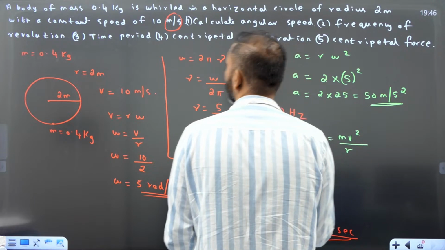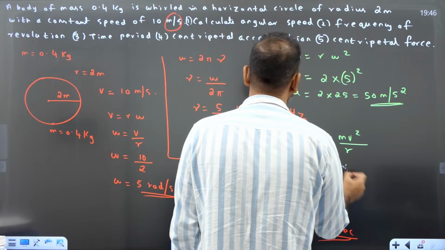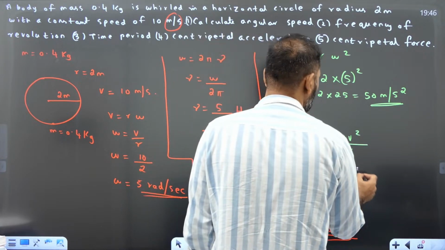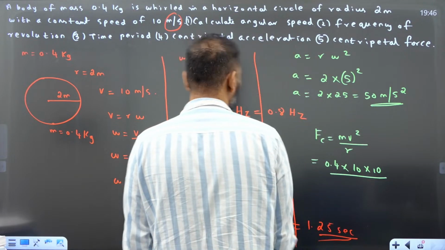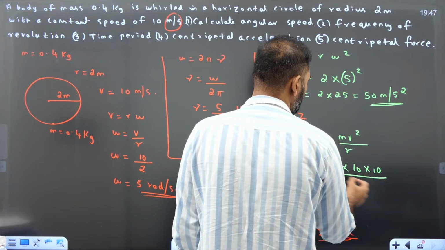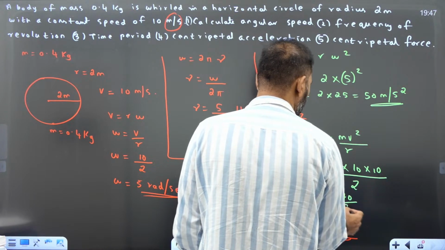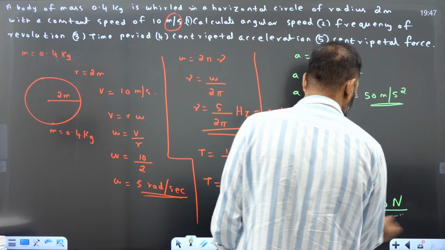Mass 0.4, velocity 10 into 10, divided by radius 2. 100 into 0.4 is 40, divided by 2. Centripetal force will be 20 Newton.